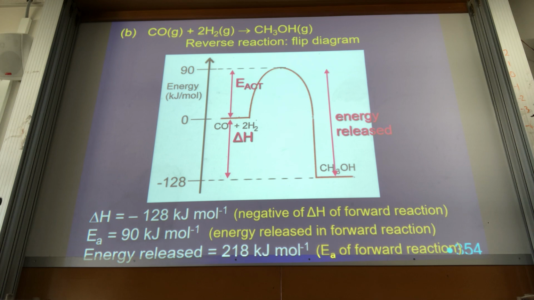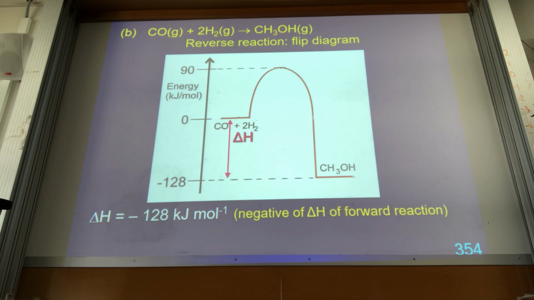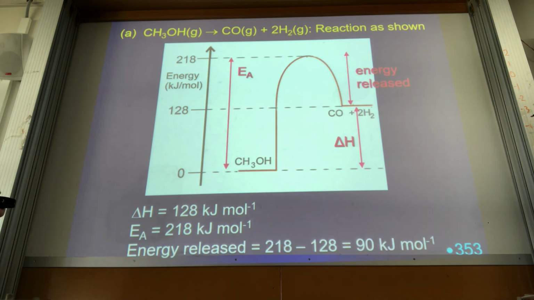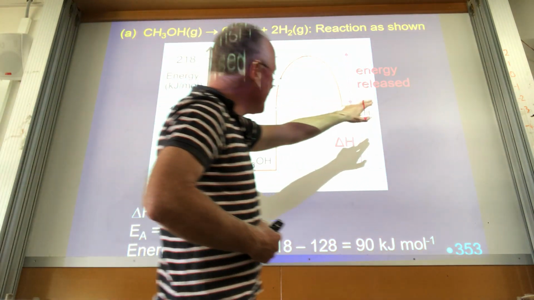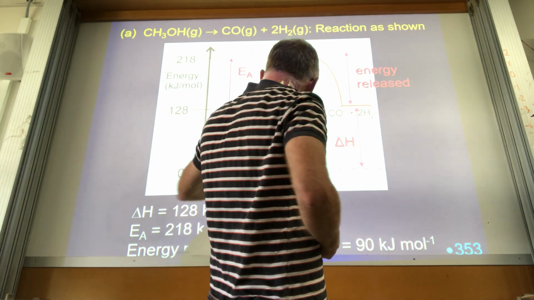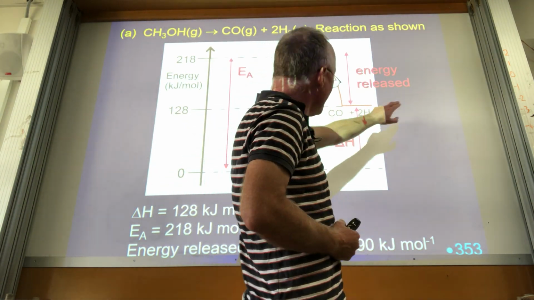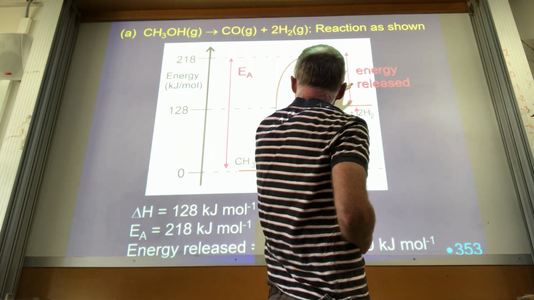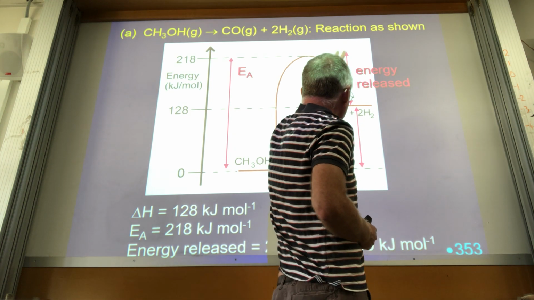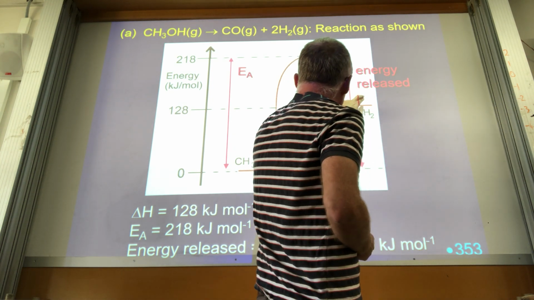So just note that we can get those values without redrawing our whole diagram. If we go back to the initial energy profile diagram of the forward reaction, we can just work out those values simply by going backwards through the energy profile diagram. So if we go backwards for the reverse reaction, we see that the activation energy is going to be the difference between there and there, which is going to be 90.